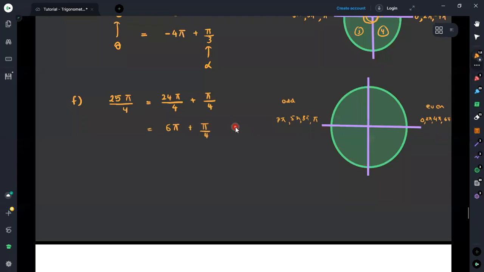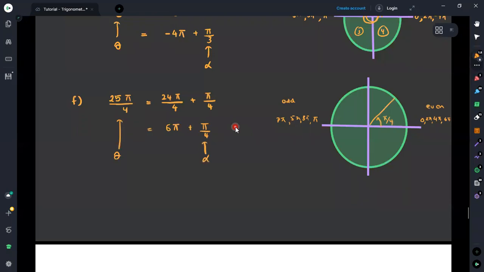Now 6 times π is an even multiple of π. Again, it is in the line of the angle 0. Therefore, if it is theta, then the associated acute angle for theta would be alpha, and it equals π over 4. Therefore, in this direction, we are getting π over 4.